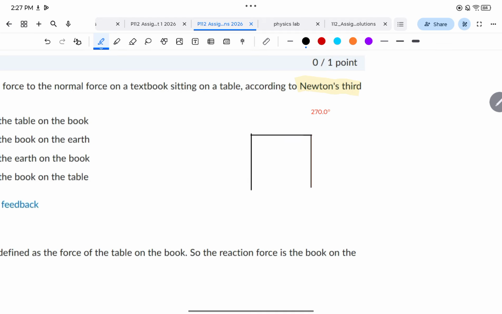So let's say we have a box, and let's say we have a person trying to push on that box.